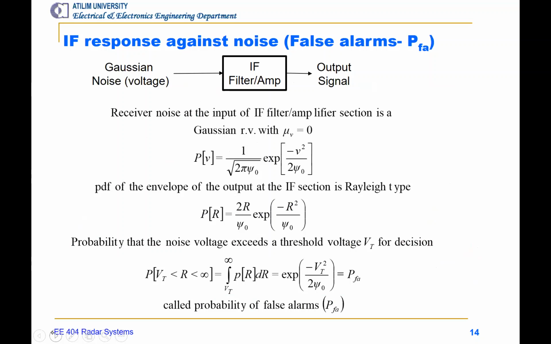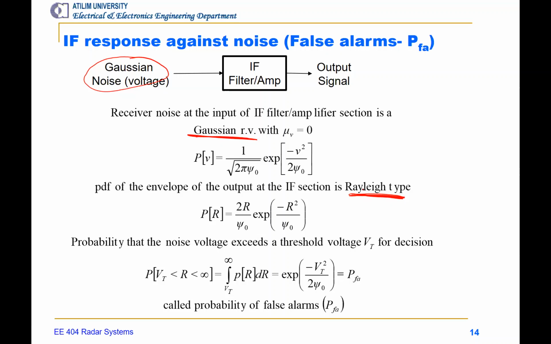Now, we have already shown in the previous slide that if we have Gaussian noise at the input of an IF amplifier, the output follows a Rayleigh PDF. So a Gaussian signal enters, and we got an output signal whose envelope follows a Rayleigh type PDF.